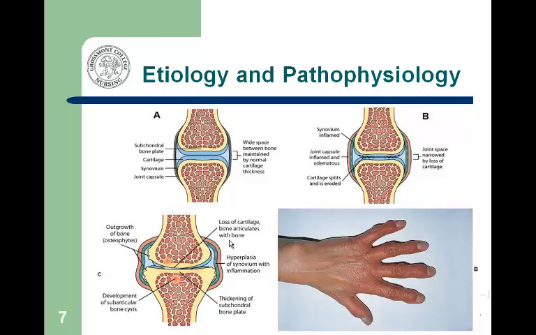After it gets bone on bone, then we get these outgrowths of bone, these osteophytes. Okay, and that would be down here, these little bulges. Also the synovial sac is going to get inflamed and get bigger, and that is where inflammation comes from down the road. So as we said, it is classified as a non-inflammatory disease, but inflammation can occur when it gets really bad.